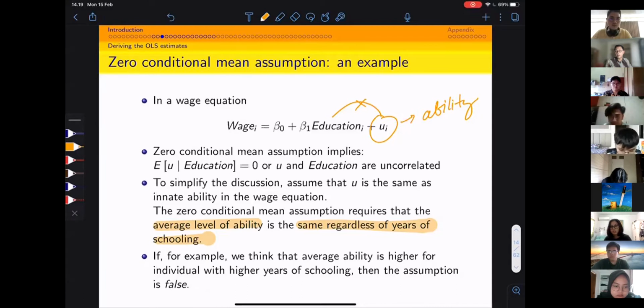But that doesn't mean that you should stop learning. It's just good to understand that there are limitations, and you'll be able to understand the limitations of the model, given that the zero conditional mean assumption doesn't hold. So instead of not doing any econometrics at all, still do econometrics and understand the caveats and the shortcomings of each model.